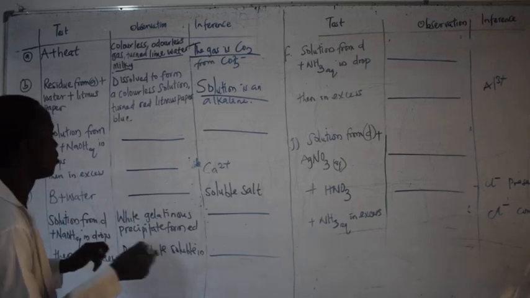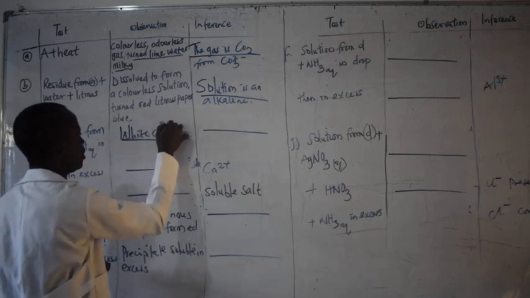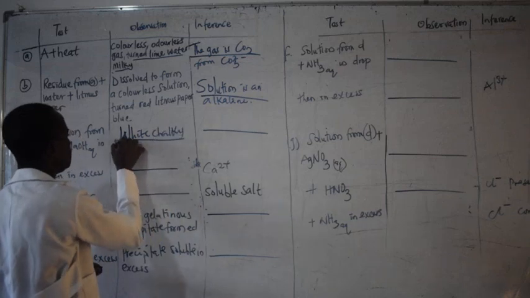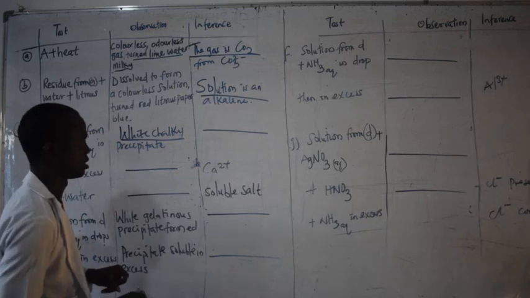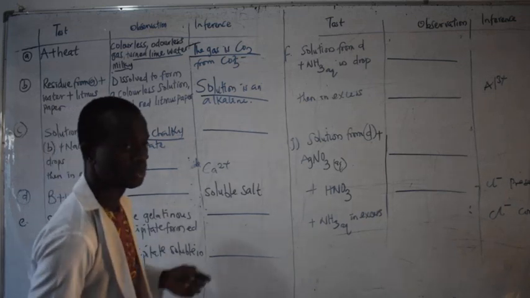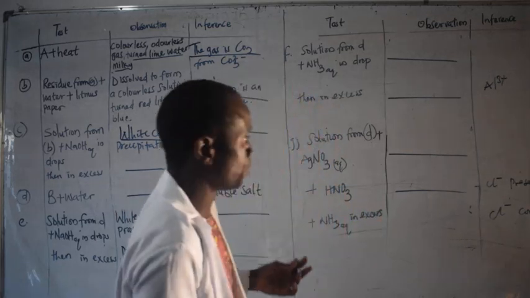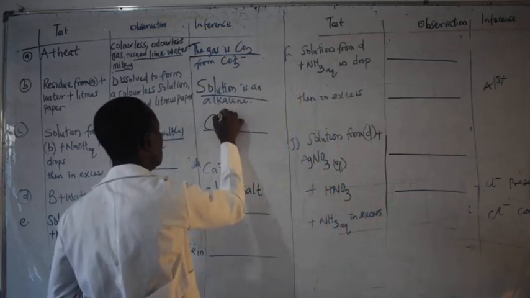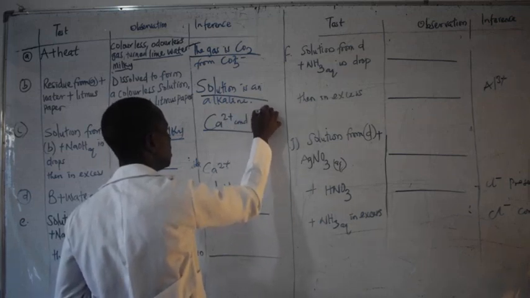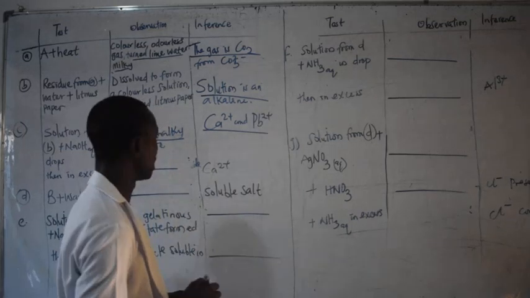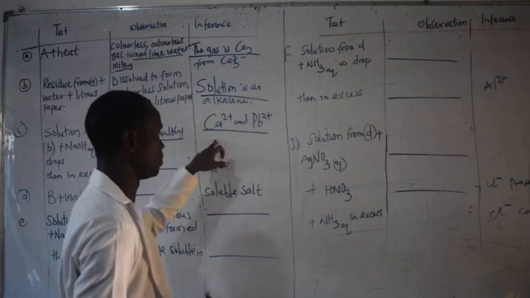Now, the solution from B plus sodium hydroxide in drops, then in excess. In drops, we are going to have white chalky precipitate. When we have a white chalky precipitate, what are the 2 ions that might be present? We have calcium ion and lead ion. These are the 2 ions that can give us white chalky precipitates.